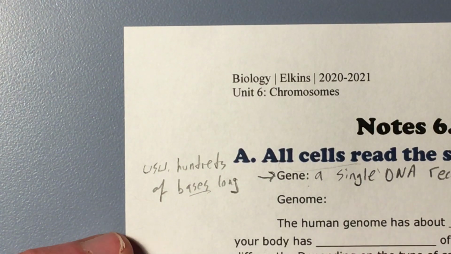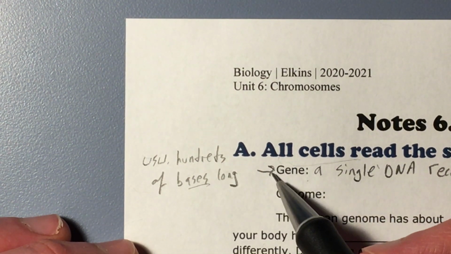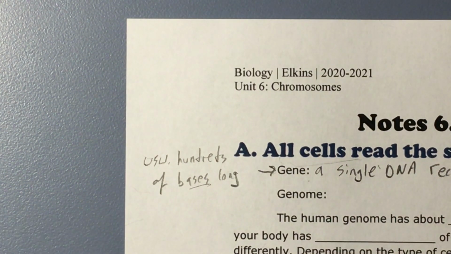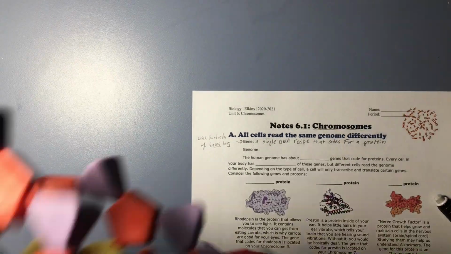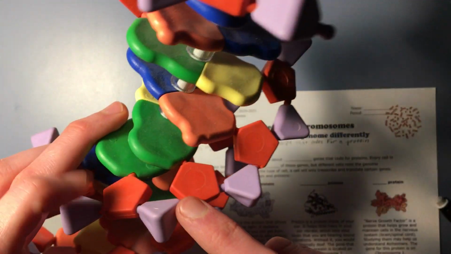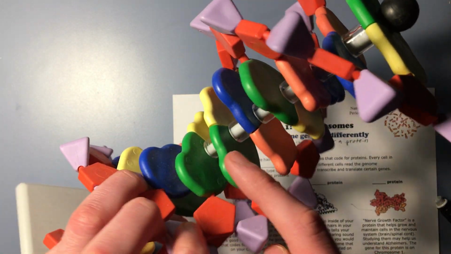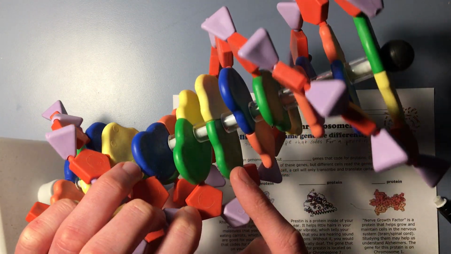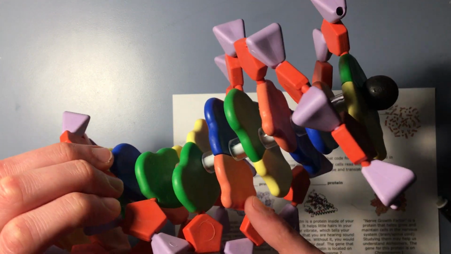Here in DNA, we've got 4 bases, A, C, T, and G. If I look at a DNA model right here, with the double helix shape, the bases are these molecules right here, okay? So maybe we've got a G here, and a G here, and so on.